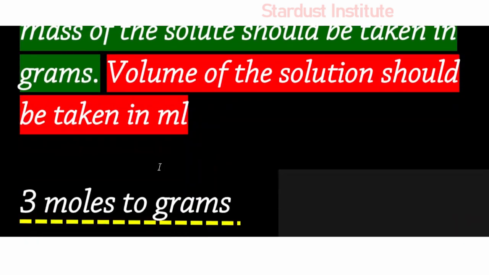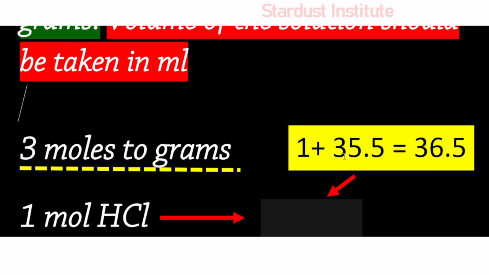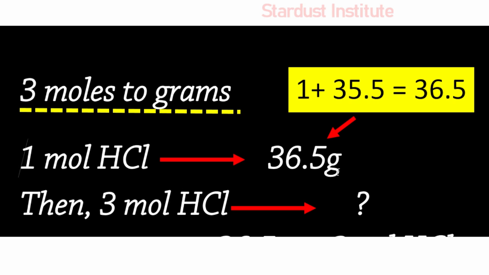It is not difficult. 1 plus 35.5 equals 36.5, the molar mass of HCl. That means 1 mole of HCl weighs 36.5 grams.